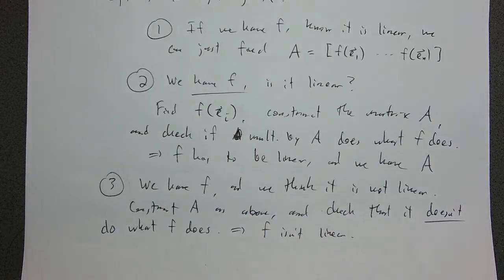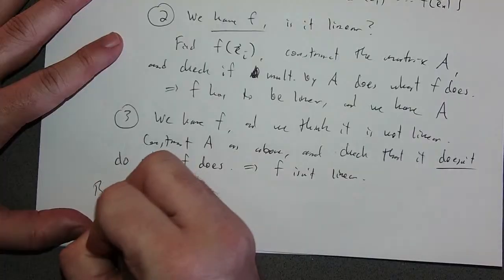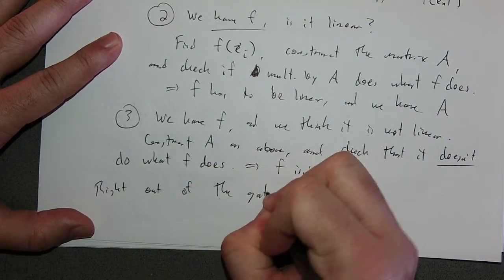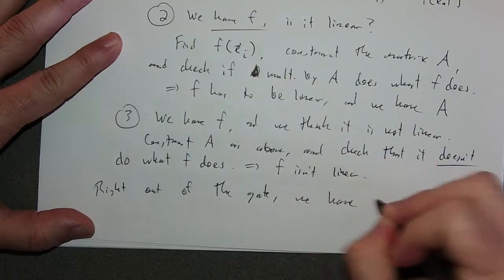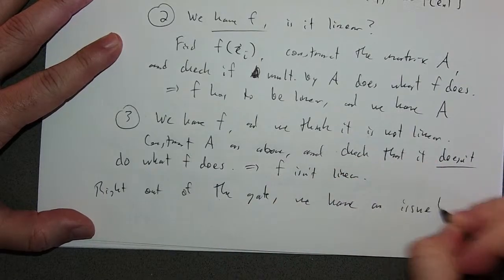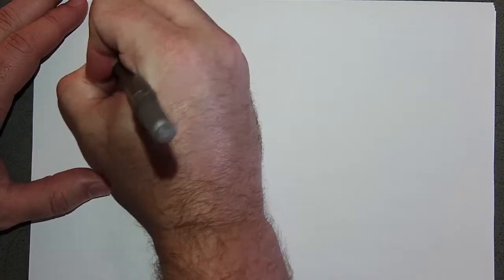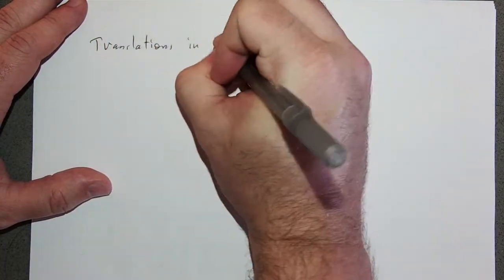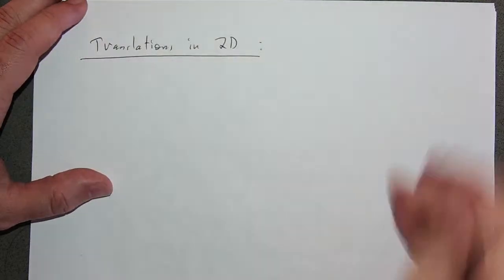Now, right out of the gate, we actually have a problem. Okay, so right out of the gate, we have an issue. To see that, let's consider 2D translations.